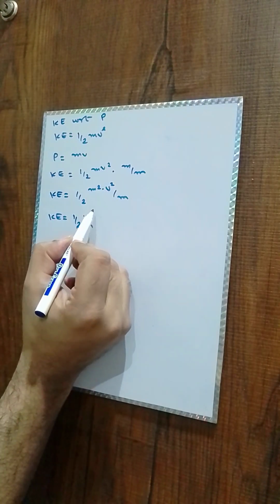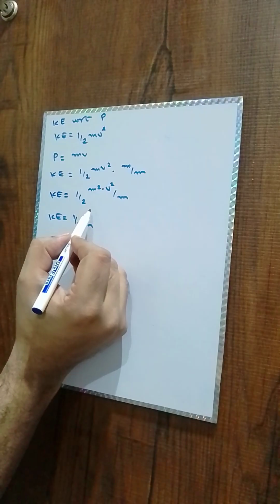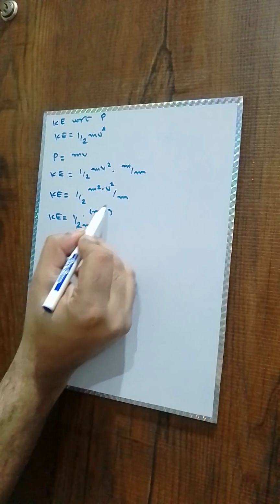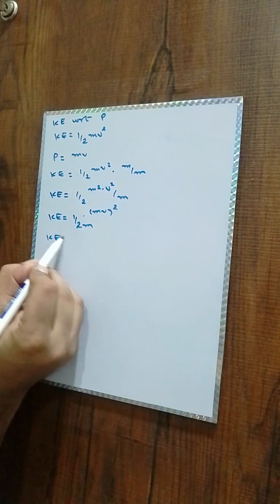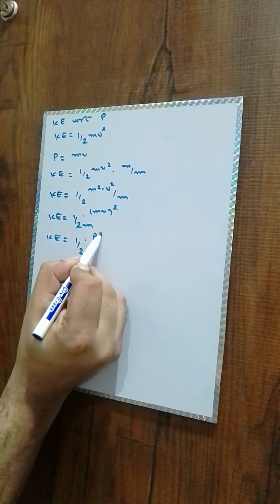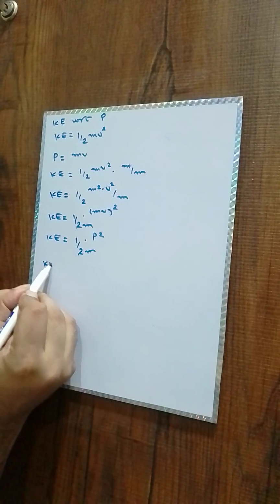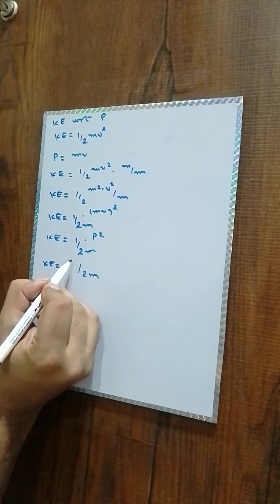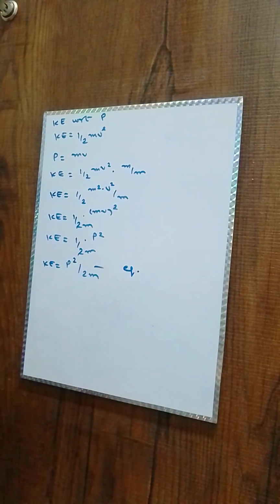Kinetic energy is 1 by 2 m times mv whole square, which is very understandable now. Kinetic energy is equal to 1 by 2 m times p square. Yes, so KE is equal to p square by 2m. So this becomes an interesting form when we have kinetic energy with respect to momentum, linear momentum.